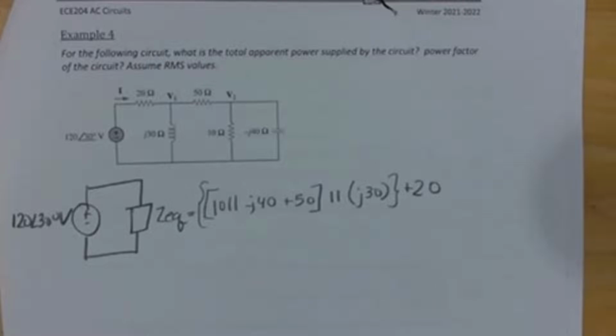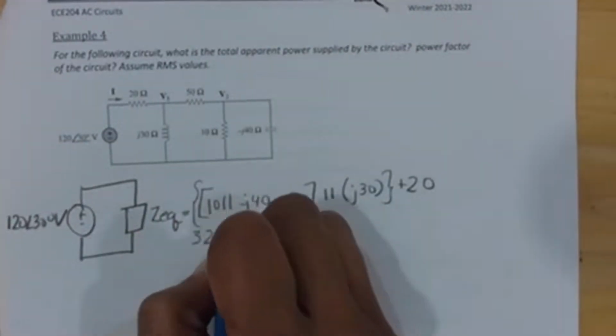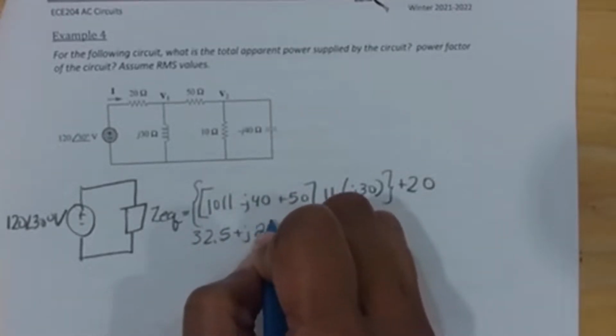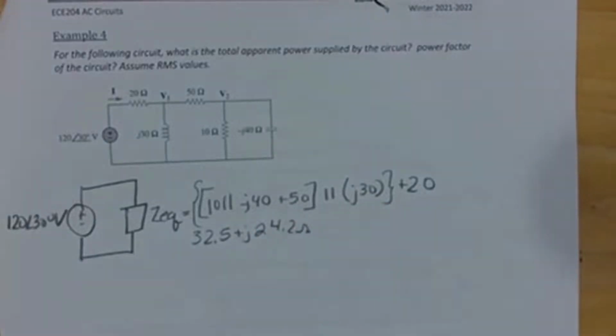What is the impedance? Keep working. 32.5 plus J 24.2 ohms. Anybody else get that? 32.5 plus J 24.2 ohms.